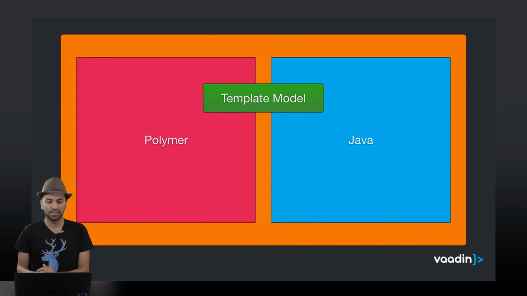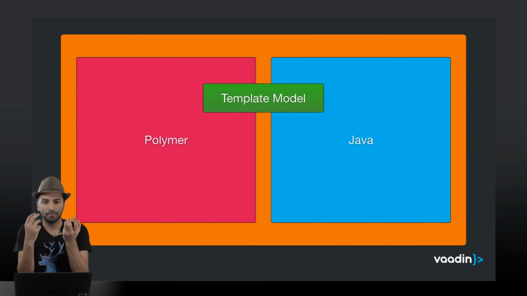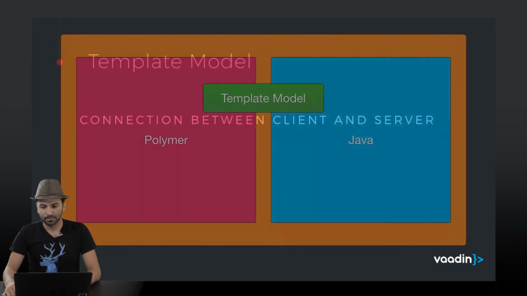We have something called the template model. So if you are coming from Vaadin 7 or Vaadin 8 background, you can think about it as the shared state. So this is a shared state or the data basically that is shared between the server side and the client side. And basically this is defining how the user state looks like exactly.